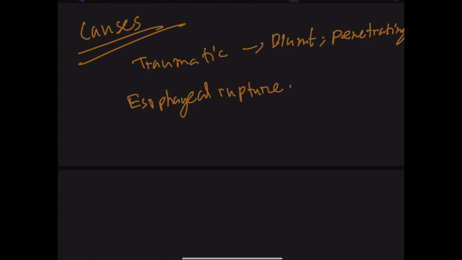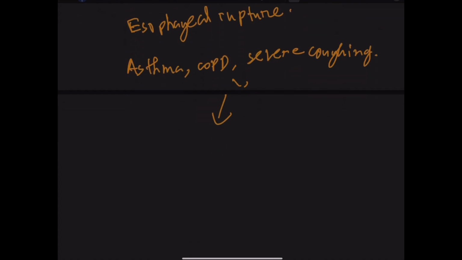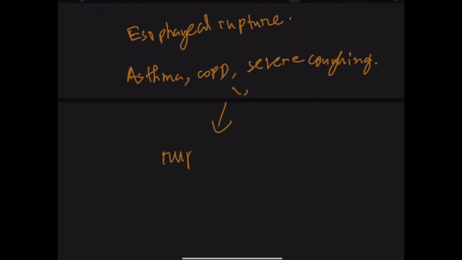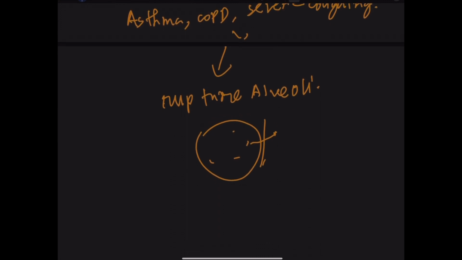Then asthma or COPD or severe coughing can also lead to pneumomediastinum, because it causes rupture of the alveoli. When the alveoli rupture, the air passes through the bronchovascular sheath and gets into the mediastinum, and this is called the Macklin effect.